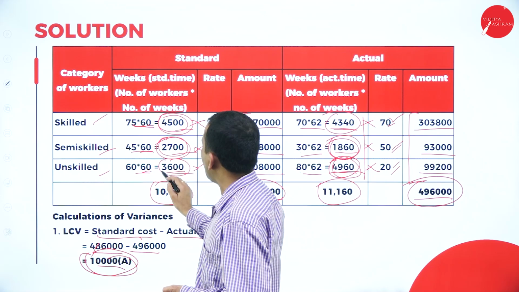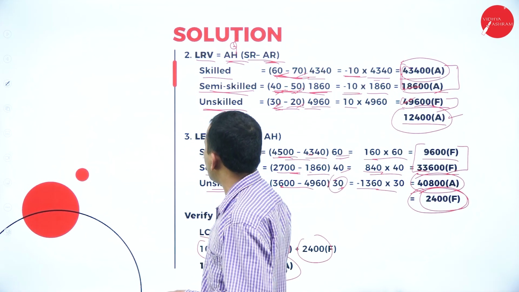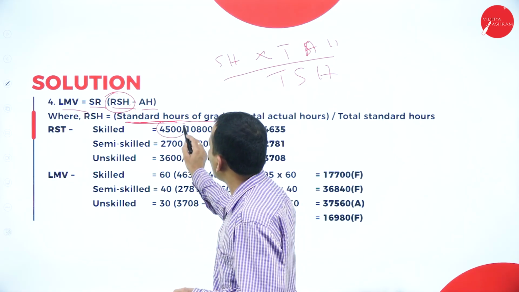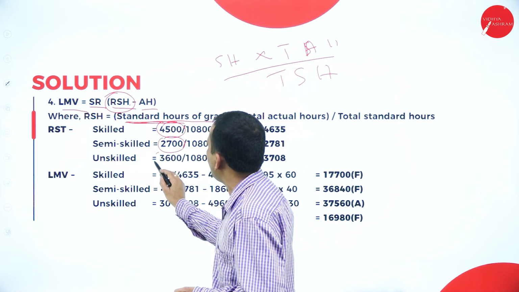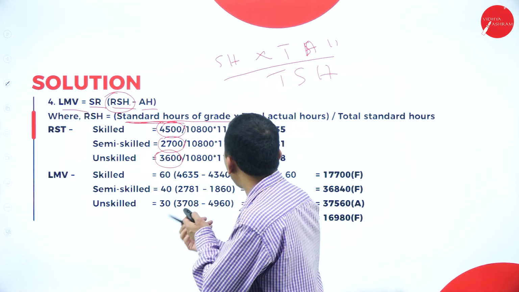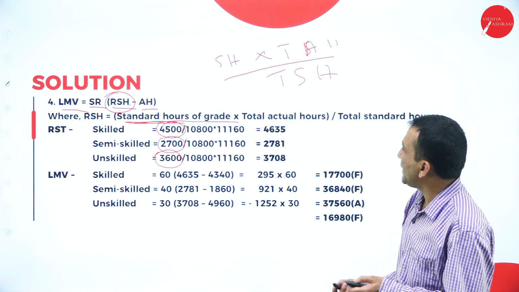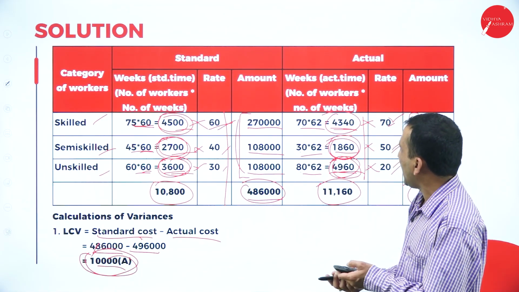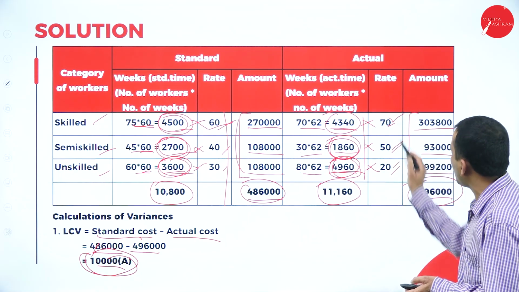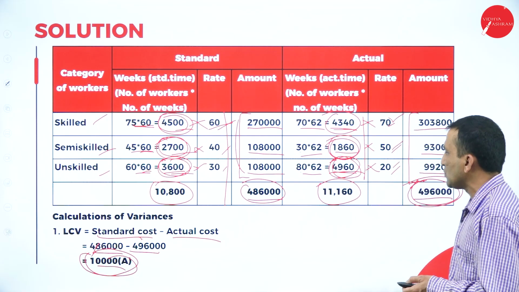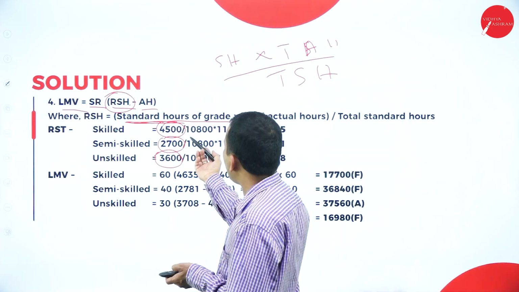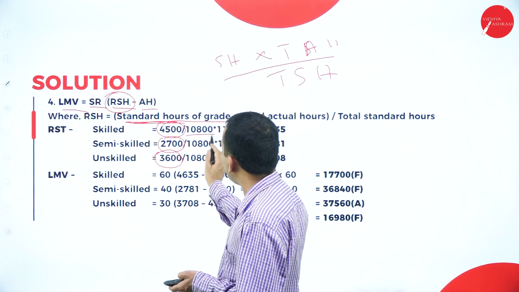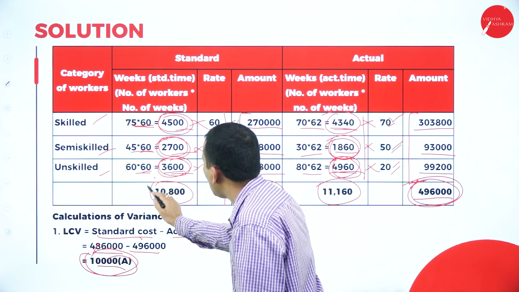4,500, 2,700 and 3,600. So the same thing we are writing: 4,500, 2,700, 3,600 into the actual. We need to refer to the table. The total of the respective hours we calculated is here, 11,160.